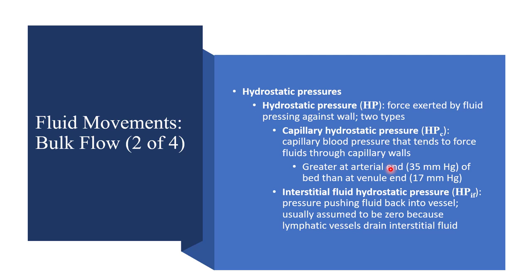Here, because we have the lymphatic system, the lymphatic system reabsorbs fluid that escapes into the interstitial space. We are assuming that the interstitial fluid hydrostatic pressure is equal to almost zero.